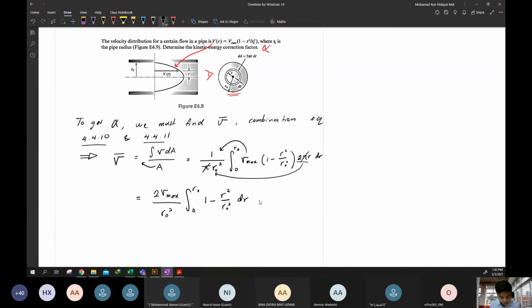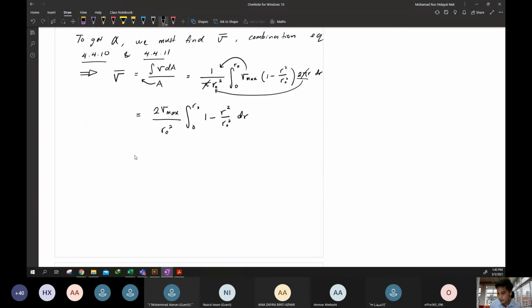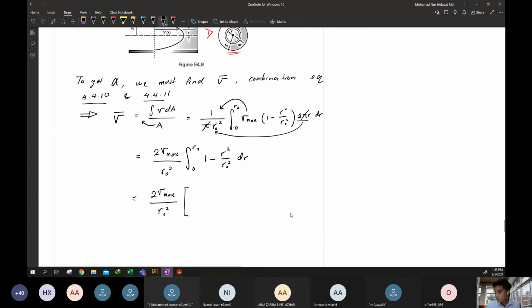After you do the integration, you will have this final. 2Vmax over R naught squared, integrate this with respect to r. Look here, we have the r here, so we can multiply this one and this one.